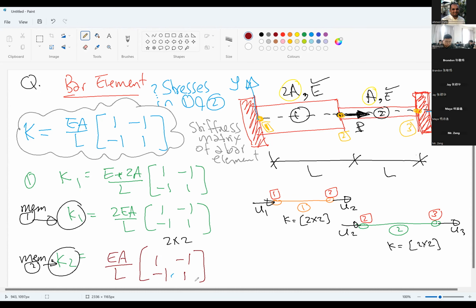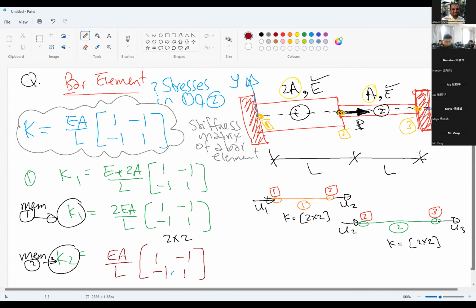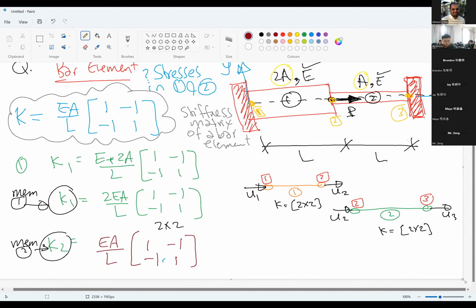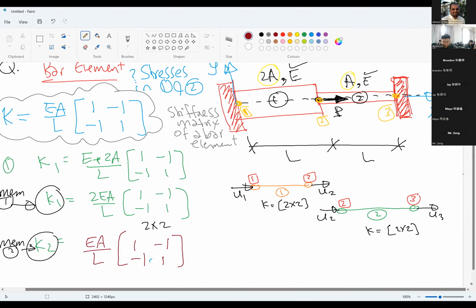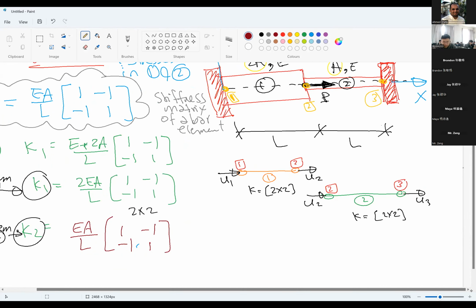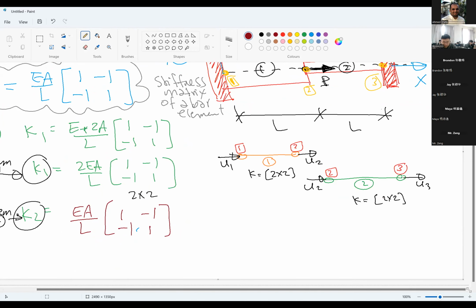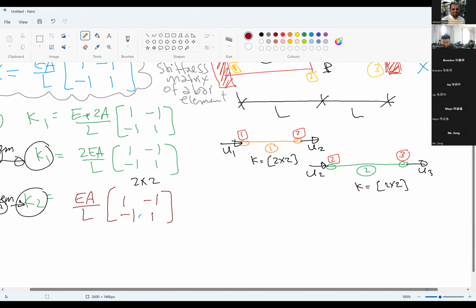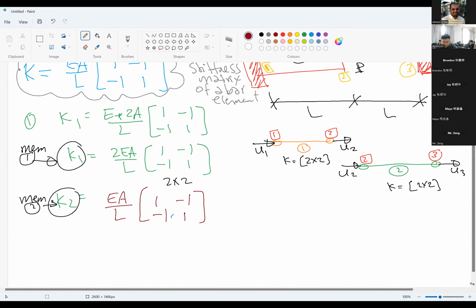Second step is the global matrix. Just increase the page size. How can we construct the global stiffness matrix here? So the second step will be the global stiffness matrix.